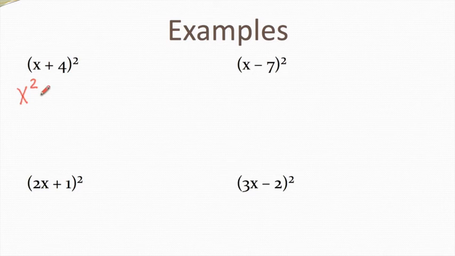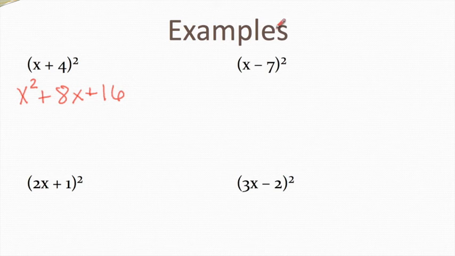So that becomes plus 8x. Then we square the last term. So 4 squared will be 16. Let's review this middle one. We find the product of the two terms, x times 4, which is 4x. We double that to make 8x.